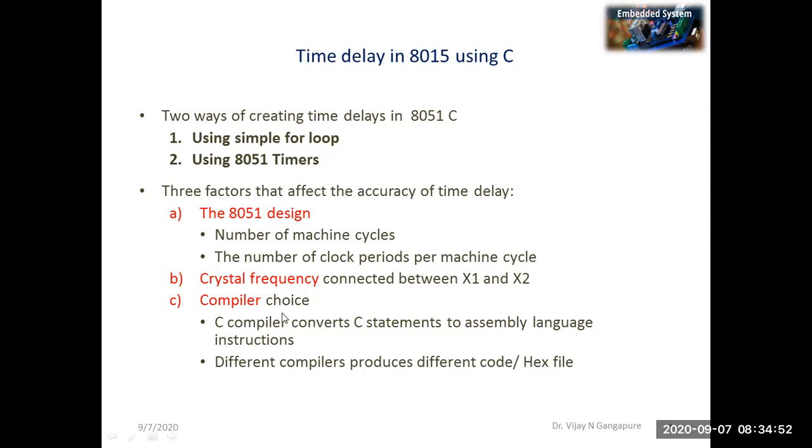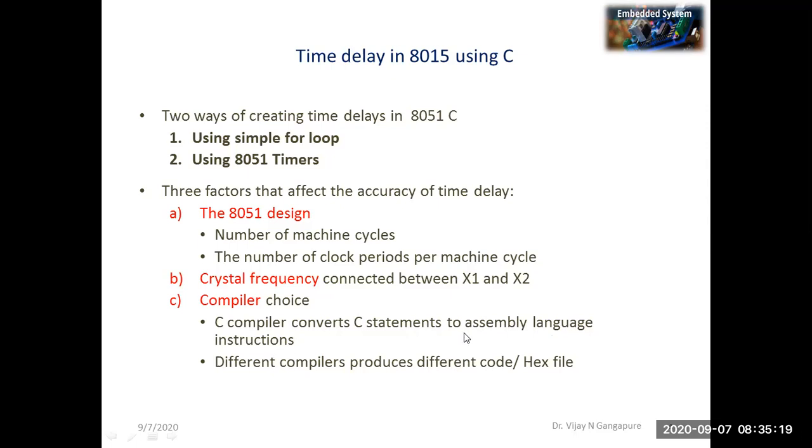The third factor that affects the accuracy of time delay is compiler choice. In the case of a C compiler, when we compile a program written in C, the statements in that program get converted to assembly language instructions ultimately, and after that, hex code gets generated from these assembly language instructions.